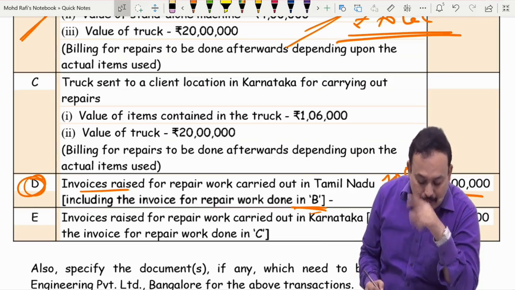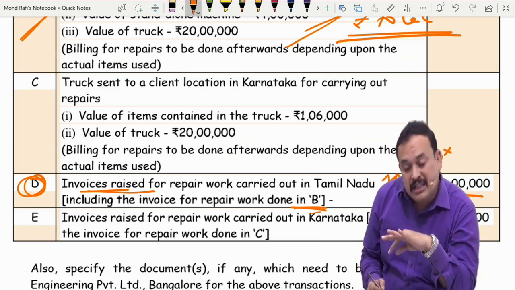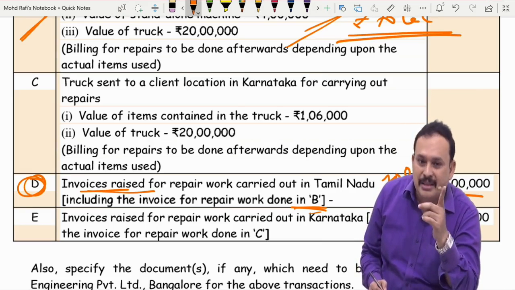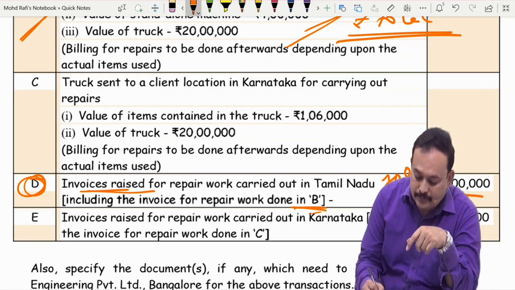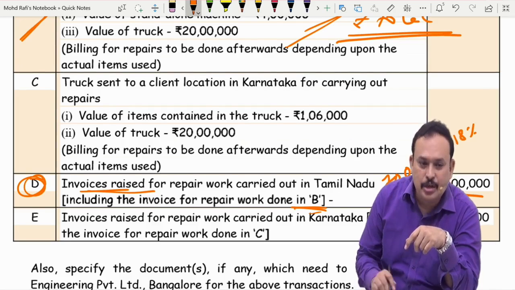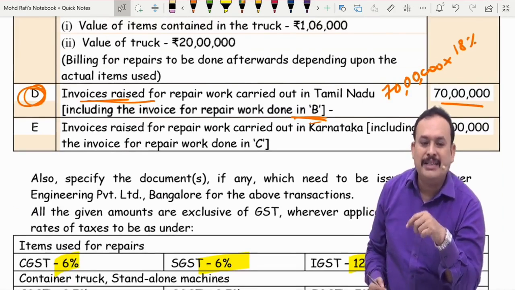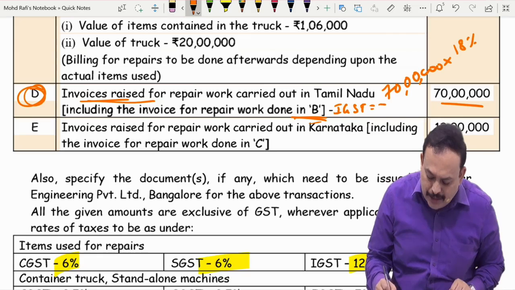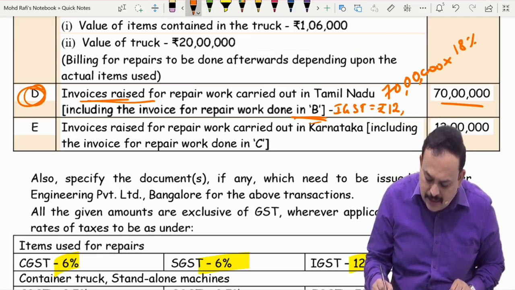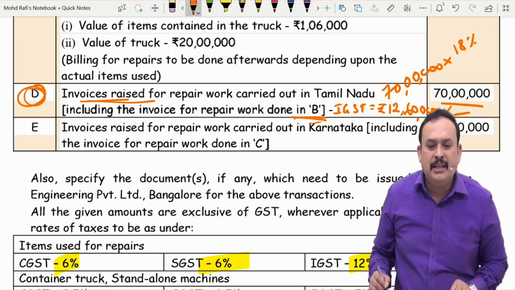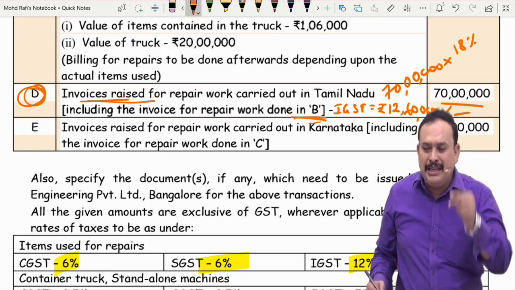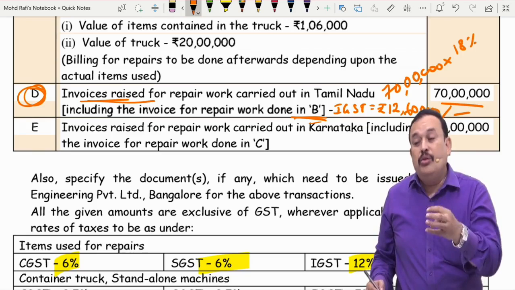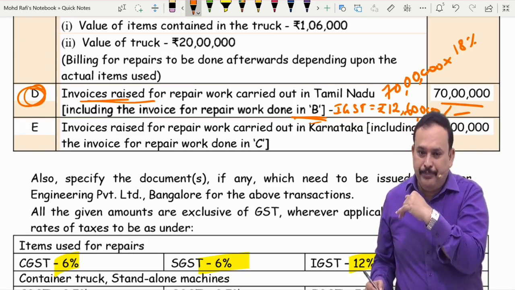It is a works contract, they supply the material and also service. Works contract rate given there is 18%. On 70 lakhs, 18% comes to IGST of rupees 12,60,000 in the case of point number B, which is concluded at point number D.